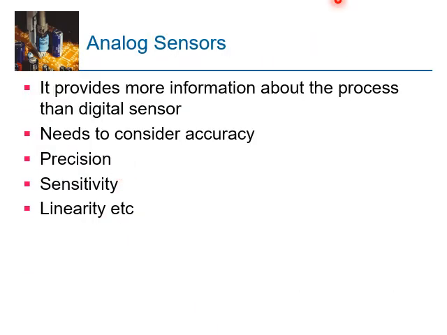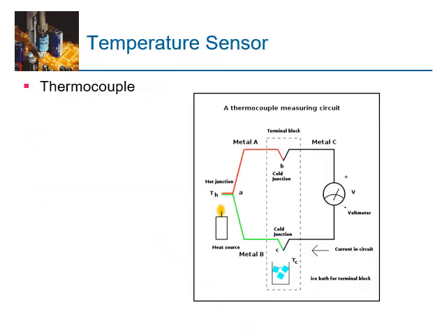Analog sensors. Now you need to understand what an analog sensor is. An analog sensor is basically a sensor used for continuous data measurement, continuous variable measurement. So you have to understand the accuracy, precision, sensitivity, and linearity when evaluating any analog sensor.